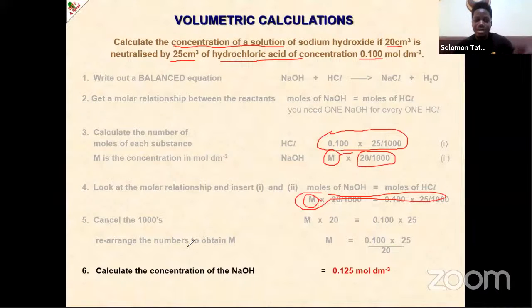And then we would ask ourselves, what about 1,000? So you get 1,000 multiplied by the moles you would have found here, divided by 25, which will give you this. That would be using the first principles right there.